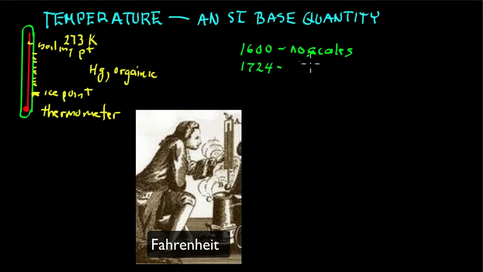We use this in the United States yet, the Fahrenheit scale. In the Fahrenheit scale, the freezing point for water is 32 degrees Fahrenheit, and the boiling point is 212.